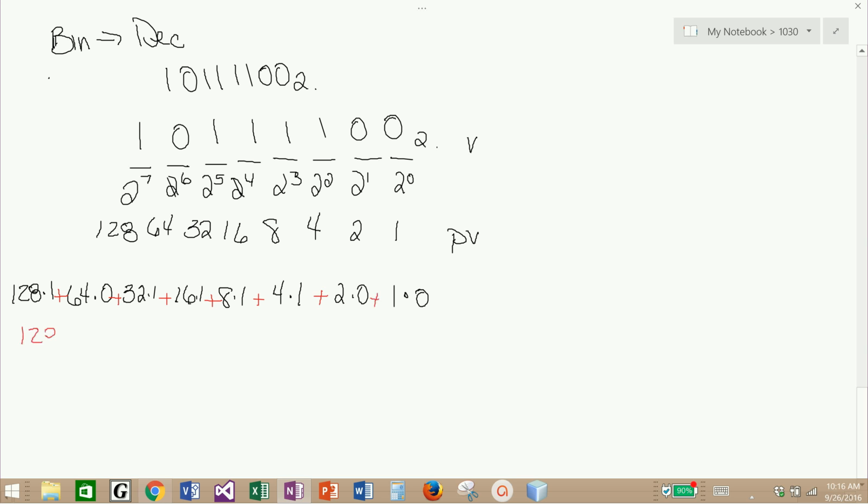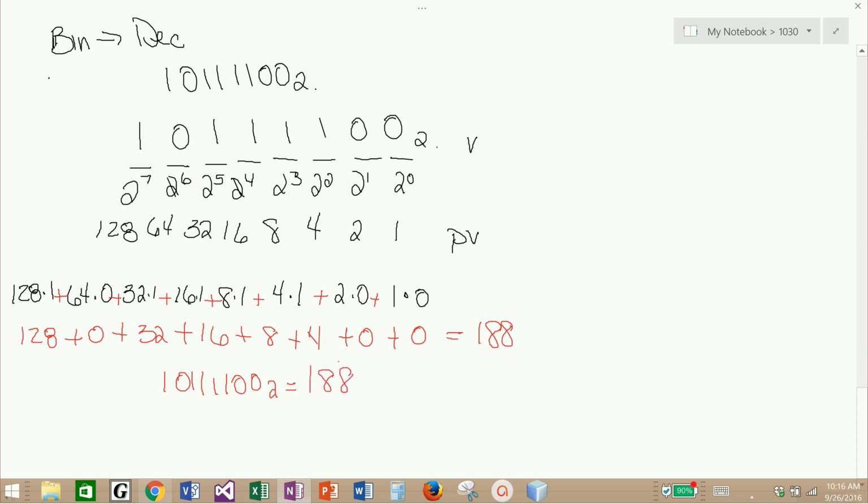So this is going to be 128 plus, well, 64 times 0 is 0, plus 32 plus 16 plus 8 plus 4. And if I did my math right, ultimately I should have 188. So we're going to see that the binary number 10111100 is equivalent to a decimal 188.